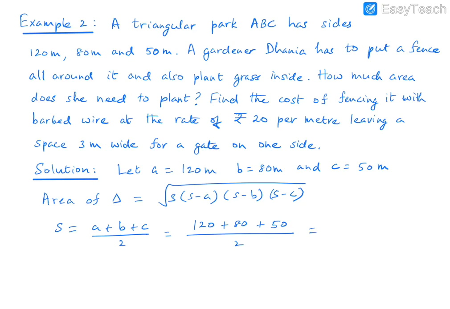That is 120 plus 80 is 200, plus 50 is 250, divided by 2 is 125 meters. So we have the value of S as 125 meters.